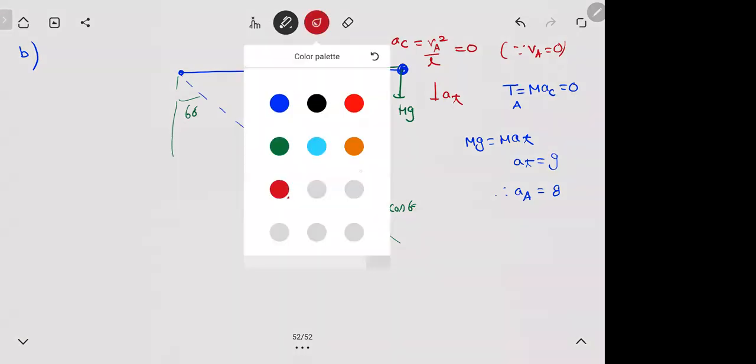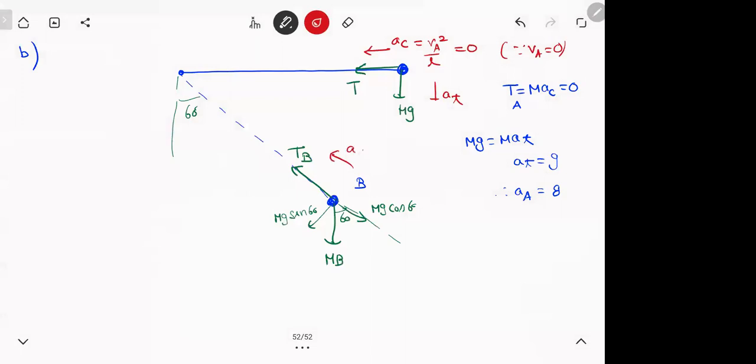Again, there will always be two accelerations: centripetal, tangential. What is centripetal? Vb square by L, the radius. What is Vb? Just now we derived, check it out. Root gL. What is A tangential? mg sin 60.